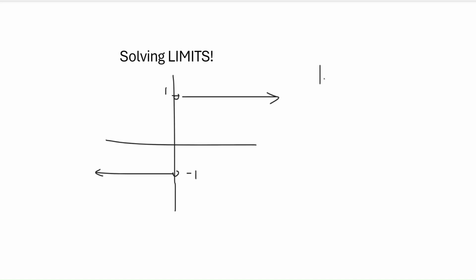So if we had the function absolute value of x over x, the reason why we can't do the limit as x approaches 0 is because it's undefined again. But if we said from the left, it looks like we have the value of -1. And from the right, it looks like we have a value of +1. And this would remain the same even if we changed the equation slightly.